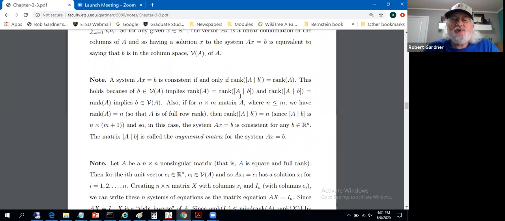B is a linear combination of the columns of A. So when we look at the dimension of the column space of A, which is what we're looking at when we look at the rank of A, looking at the rank of A with an additional column thrown in doesn't introduce anything new in terms of dimensions, because vector B, if it's in the column space of matrix A, is already a linear combination of the columns of A. You could also explain it in terms of computations of pivots. So if B is in the column space, then we get this relationship.